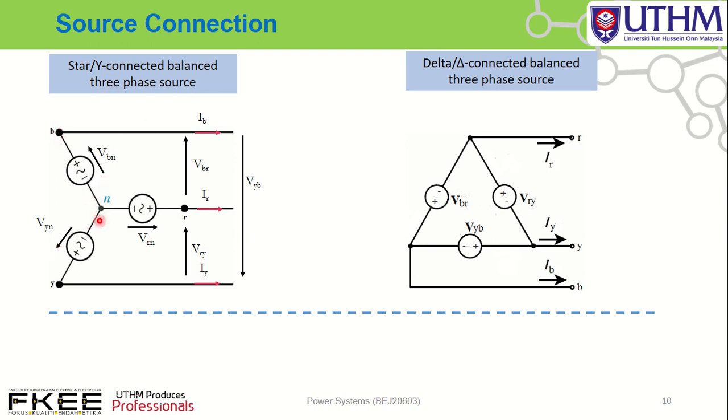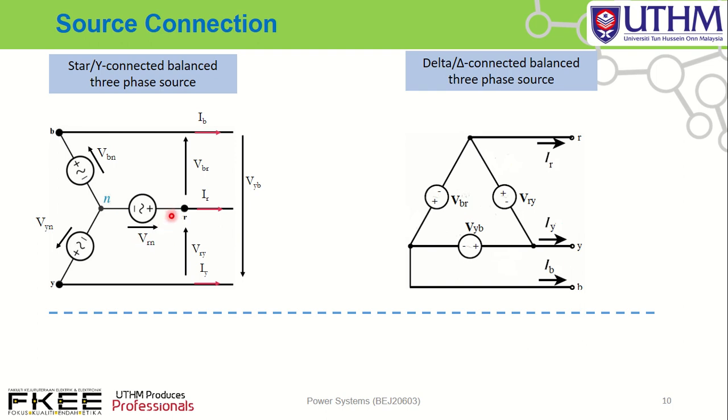This we call a star, because it looks like a star, and sometimes it looks like a Y. We have phase red, phase yellow, and phase blue. What is the meaning of VRN?